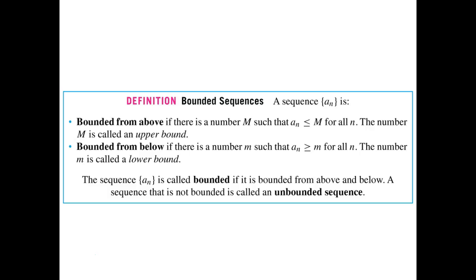So say you have some sequence here, and it's doing all sorts of weird things. But if you guarantee that every one of those dots is always going to be less than or equal to some value M, that every one of these varying dots, none of them go beyond M, they always stay below M, no matter how far out you get, never get above M, then M is called an upper bound.